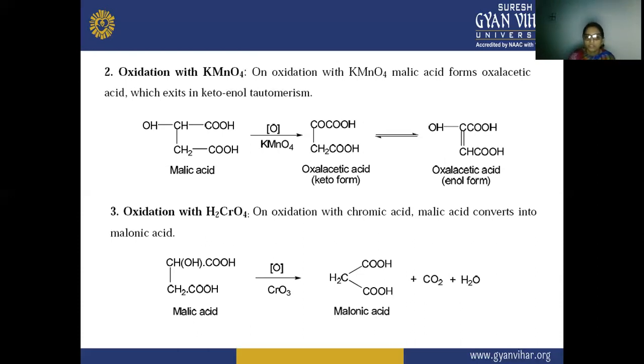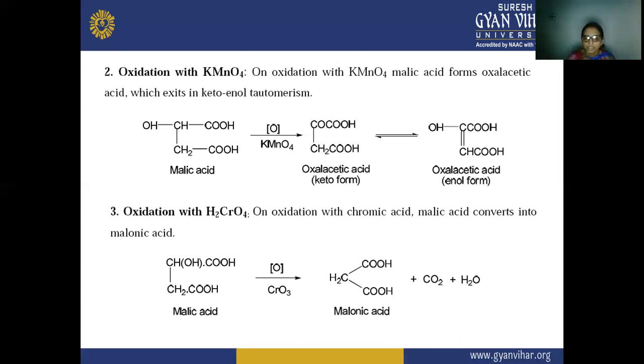But when there is KMnO4, potassium permanganate, there is a conversion of malic acid to the oxaloacetic form. In the case of chromic acid, which is also an oxidizing agent, this is oxidizing the malic acid to malonic acid.